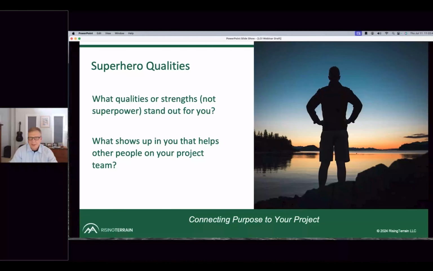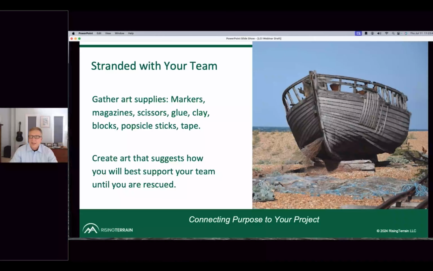Oftentimes those qualities reflect things in you that you appreciate at a subconscious level about yourself, or that you admire and see in others because those particular gifts are in you. So this is one exercise that you can do, and in a few minutes we'll actually run through it.